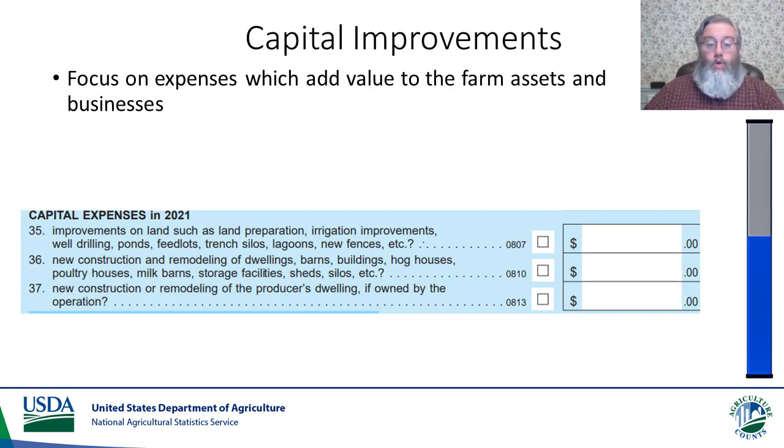The first few questions focus on what could be called capital improvements. These are expenses taken on by the operation with the goal of adding value to the farm assets and business.